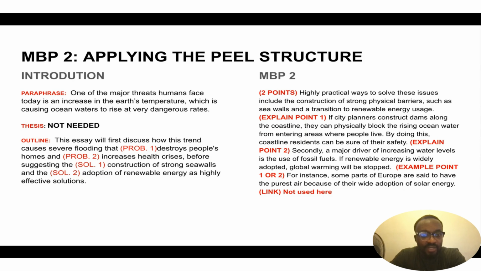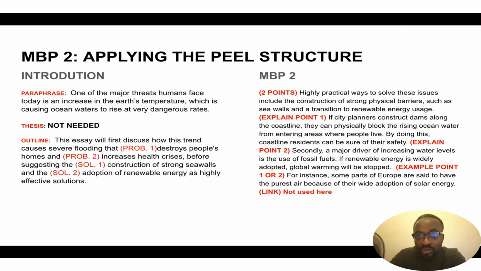So how do we paraphrase the construction of strong seawalls and adoption of renewable energy as effective solutions to the problems we discussed in main body paragraph 1? How do we put those two things in either a single sentence or two sentences that will represent the point in the main body paragraph 2? So let's read that off main body paragraph 2.